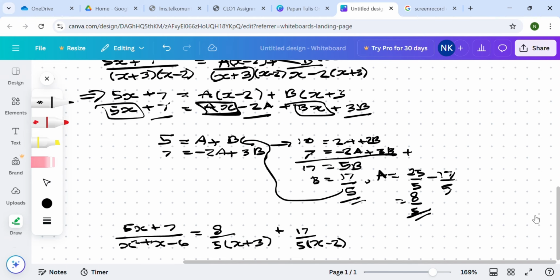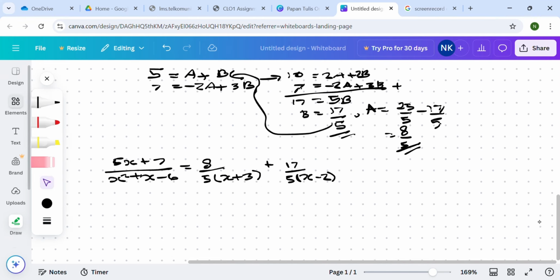Okay. And then what we have to do now is to integrate this, right?